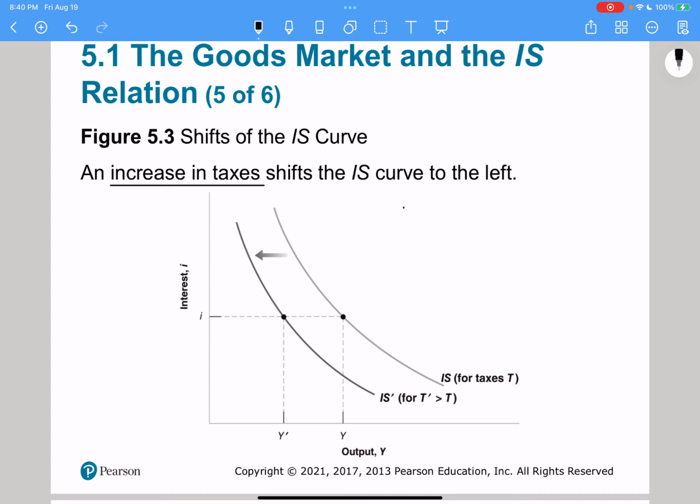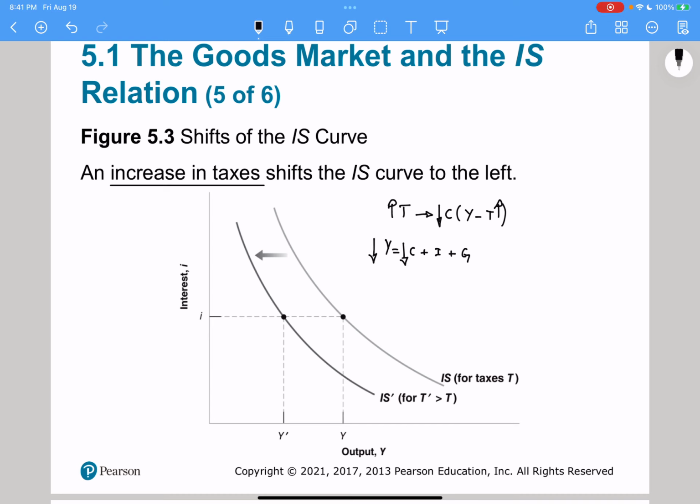When this t goes up, C of y minus t, as t is going up, C is going down. You already know that the IS function is y equals C plus I plus G. As C is going down, the output will go down.